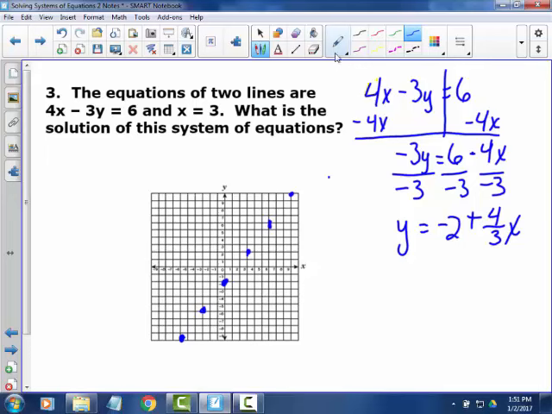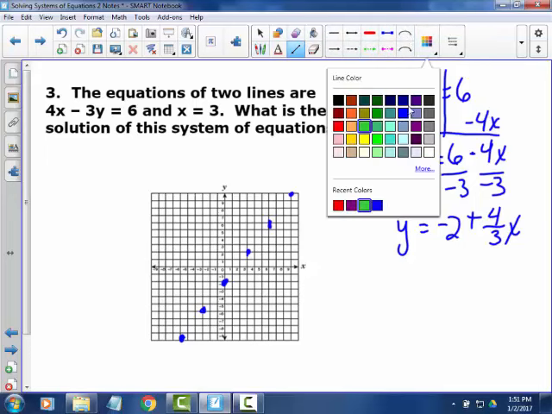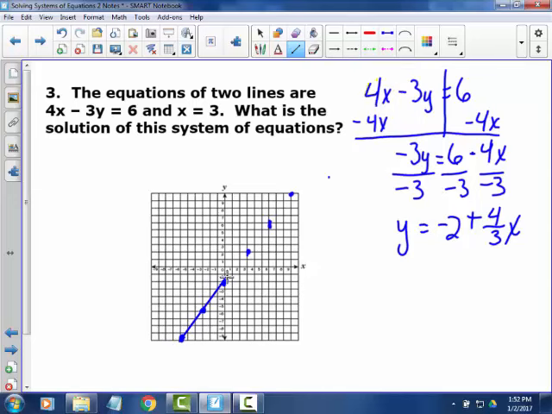Okay, and we connect the dots, or draw our line, which would be more accurate. All right, so there is the line 4x minus 3y equals 6.